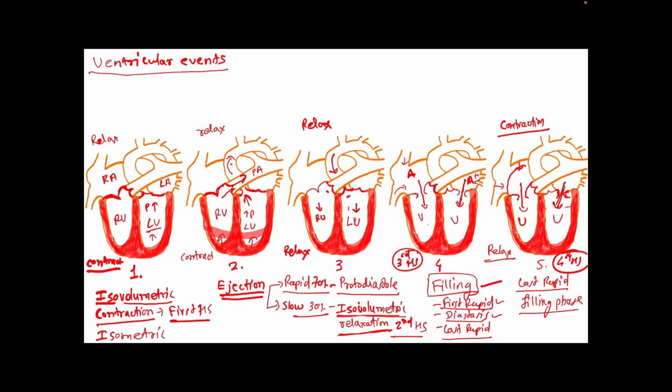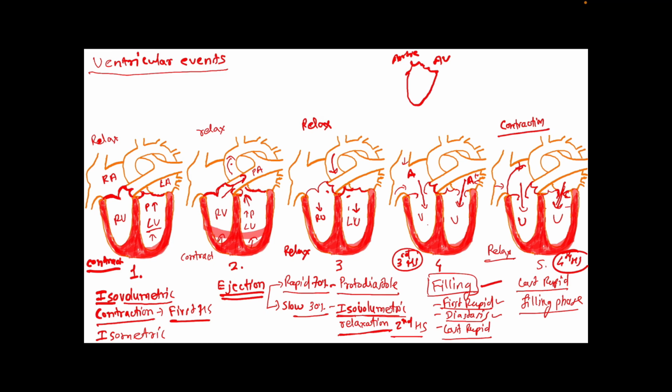So in the cardiac cycle, what is basically happening there? If you consider the left ventricle, and this is suppose the atrioventricular valve, and this is the semilunar valve, the aortic valve. There is continuous opening and closure of the atrioventricular valve, and then there is opening and closure of the semilunar valve.